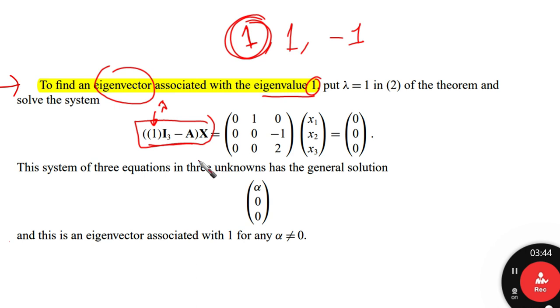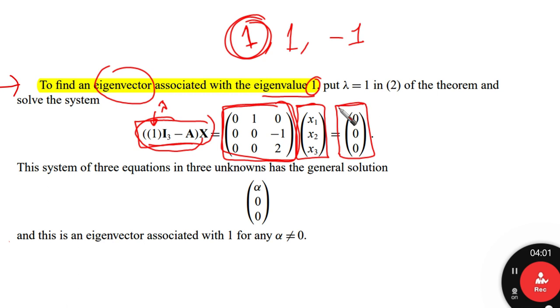This part is 1 times the identity matrix minus A, times x. So we have the new coefficient matrix times the vector of unknowns equals the vector of zeros, right? Can we solve this? This system of 3 equations and 3 unknowns has the general solution.